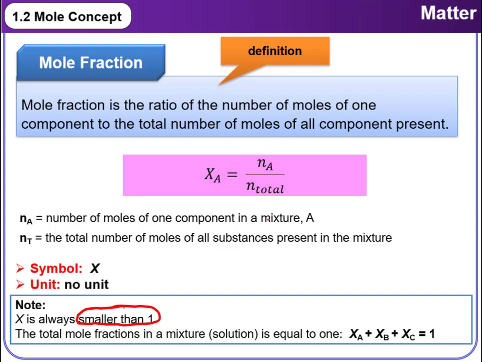If you have an answer where the mole fraction is more than 1, it means the working step is wrong somewhere. The total mole fraction must be equal to 1. So the mole fraction of component A plus the mole fraction of component B plus the mole fraction of component C equals 1.